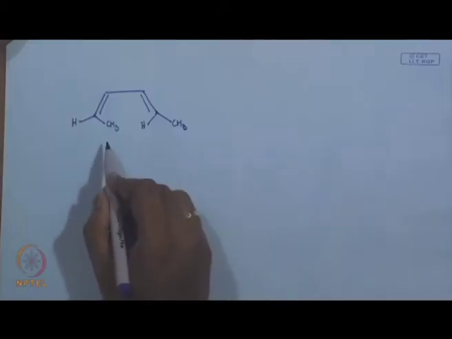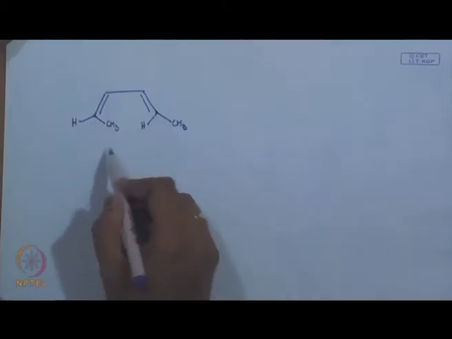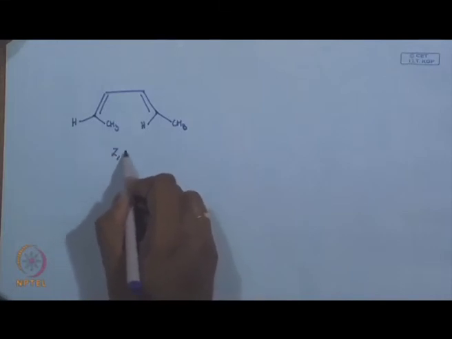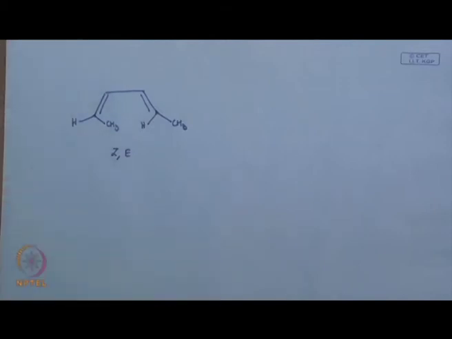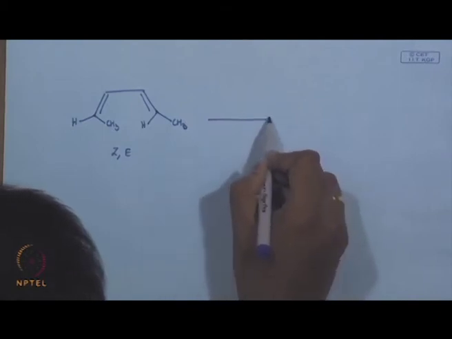When there is a substituent, now you will understand how it is important. So this is your butadiene where you have Z as well as E. Now I am giving you this system and asking you to heat this and tell me what cyclized product you are getting. So this is on heating.